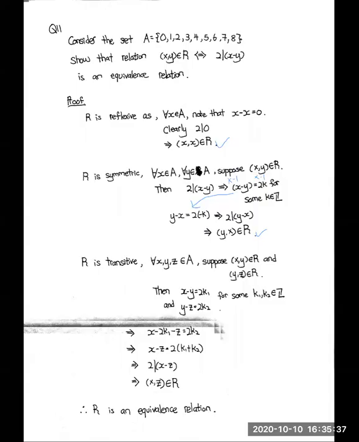See that this is equal to y is equal to x minus 2k1, right? So we put this into this equation here to get the following. Let me use red color. This is my y.